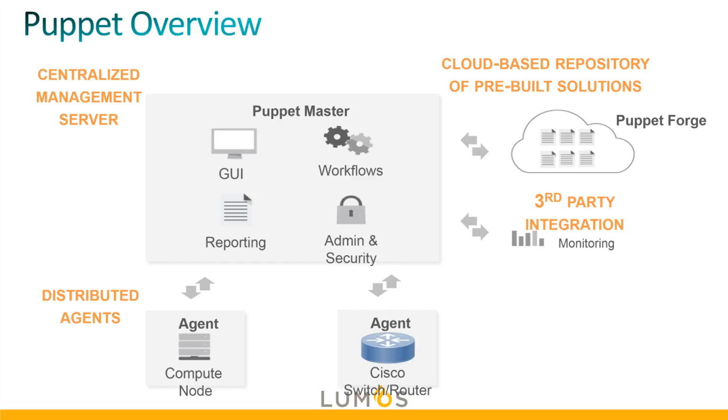These agents reach out to the Puppet Master server, and they find out what they need to do to comply, and then the agent takes care of bringing that host, that VM, that router, that switch into compliance in relation to what needs to be installed, or also how things should be configured. And we also have some third-party integration for monitoring or pre-built solutions like cloud-based repositories like Puppet Forge.